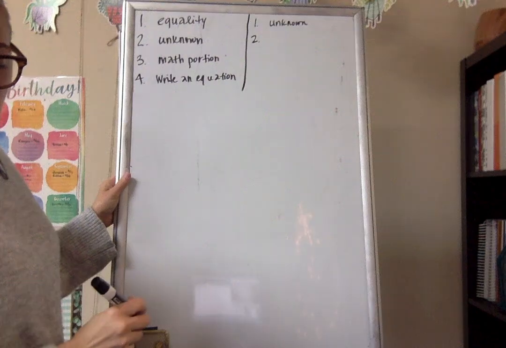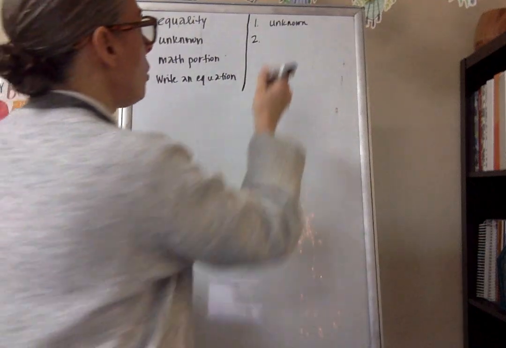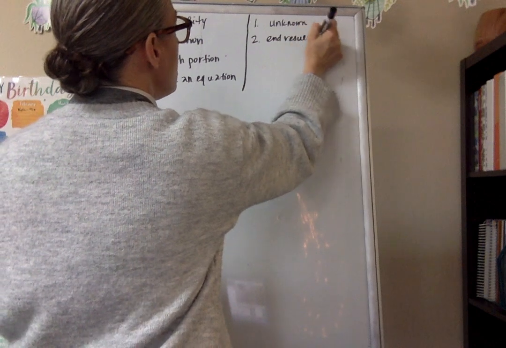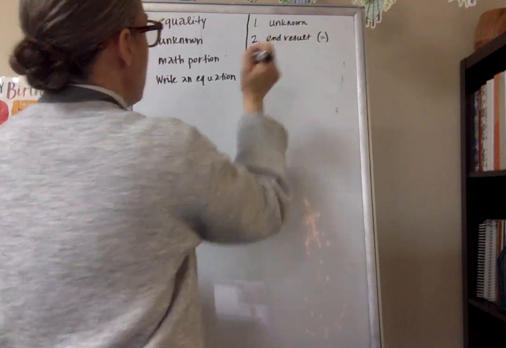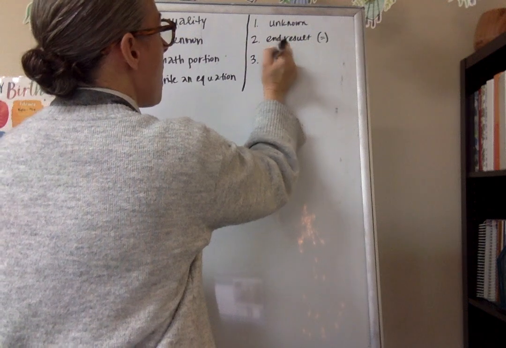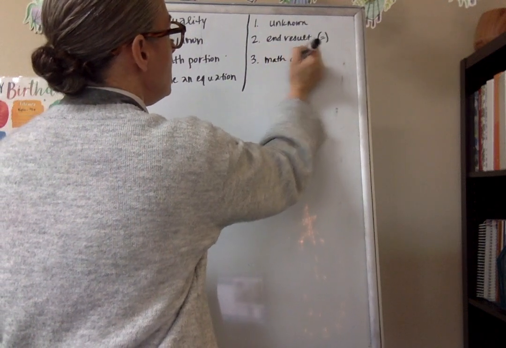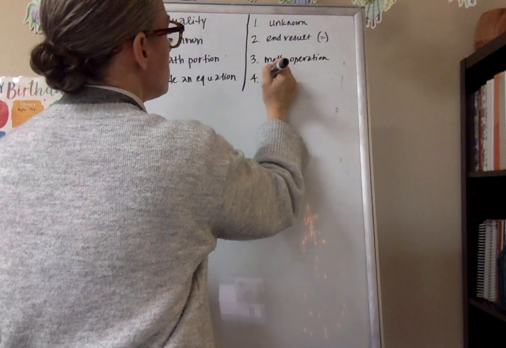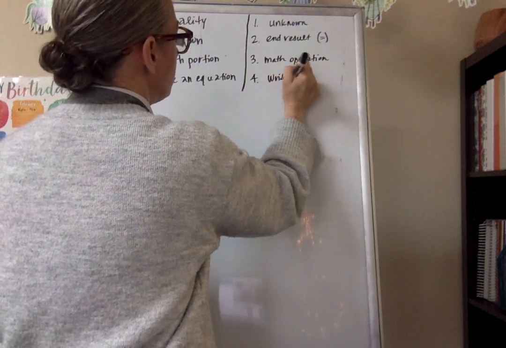And then we're going to find the total or the end result, which is kind of like the equality portion. And then we're going to identify the math operation that we need to do to perform this. And then we're going to write our equation.